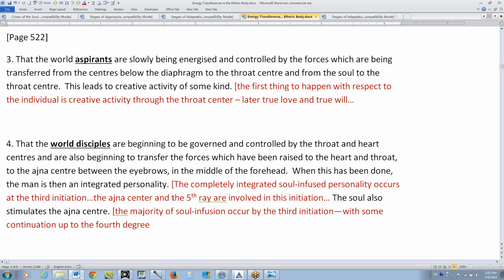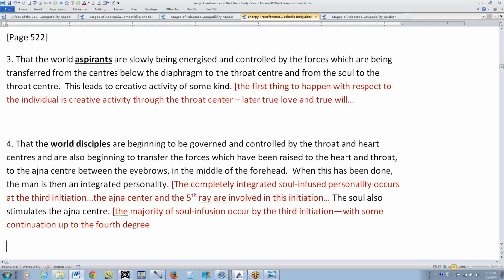So when the energies are being raised to the heart, so the fifth petal is definitely involved, to the throat, therefore the sixth petal is involved, and so is the seventh petal, where we have a great accumulation of knowledge which is used for other people. World disciples do that.